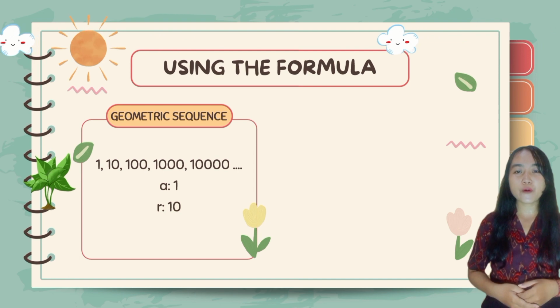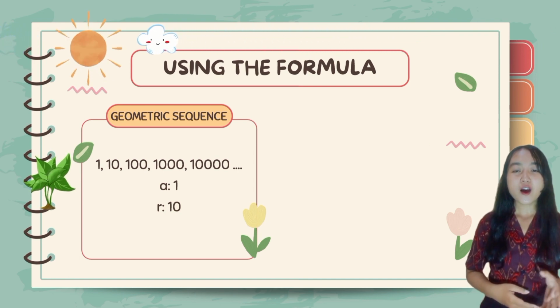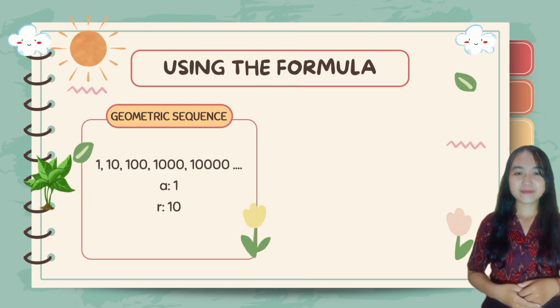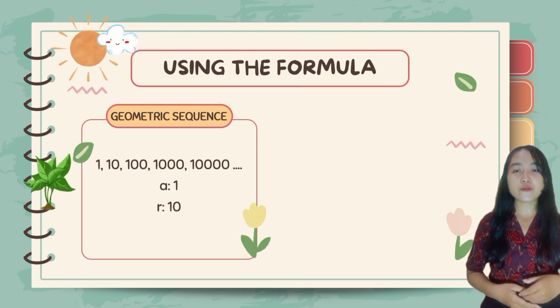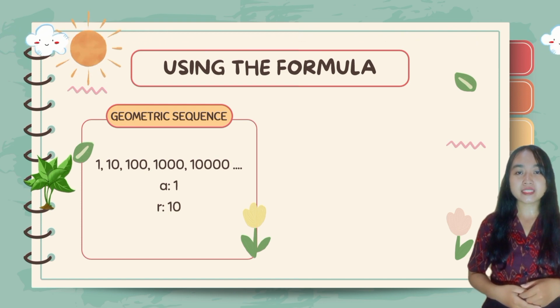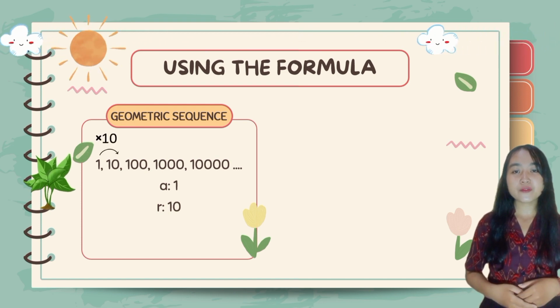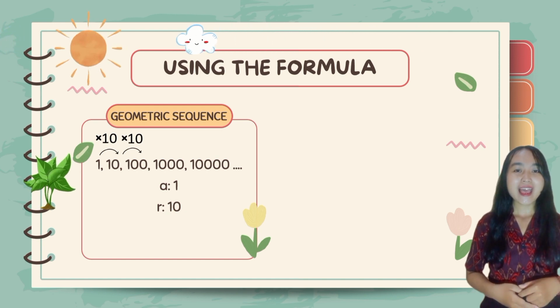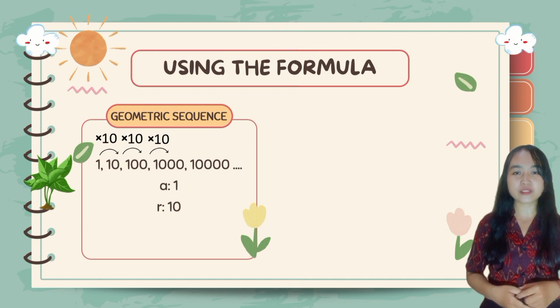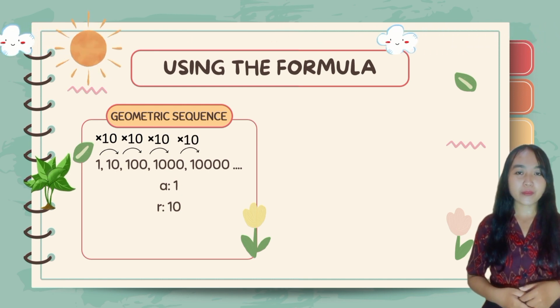Instead, we are looking for a common ratio, which is the constant multiplication of a certain number from one term to the next. So if we pay close attention to what is going on here, we can see that when we multiply 1 by 10, we get 10, and when we multiply 10 by 10, we get 100, and when we multiply 100 by 10, we get 1000, and so on and so forth.